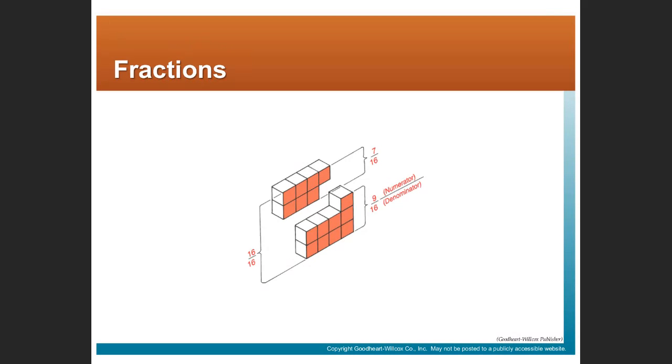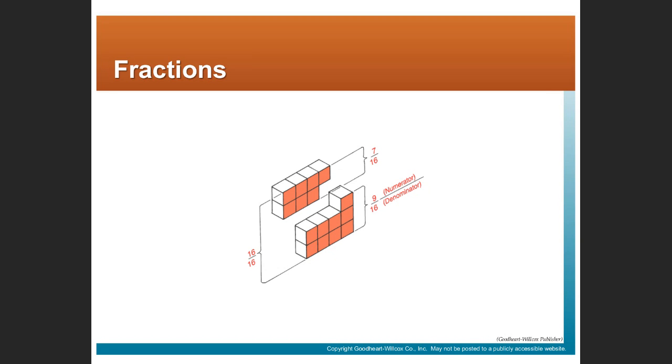So what is a fraction? A fraction is basically two numbers with a line between them. In this case, 9/16. So a fraction has a numerator and a denominator. The numerator is the number on the top of the line. The denominator is the number on the bottom of the line.